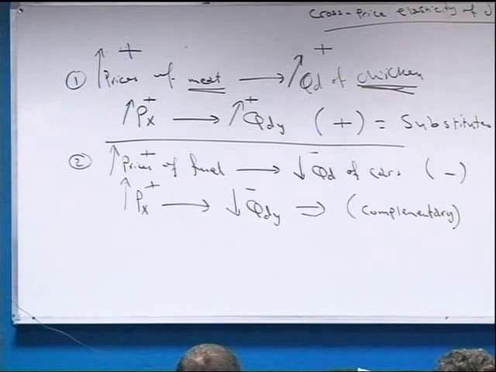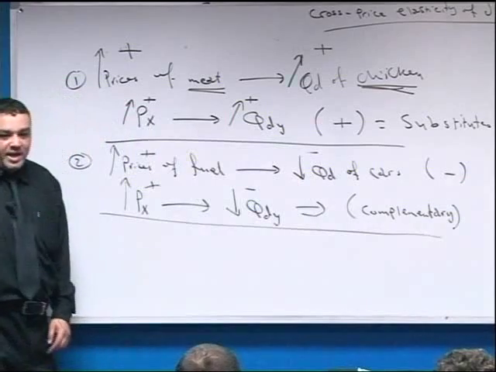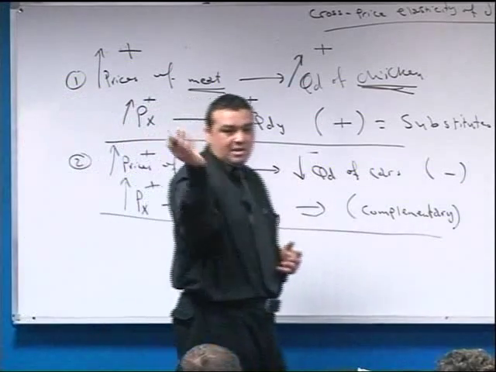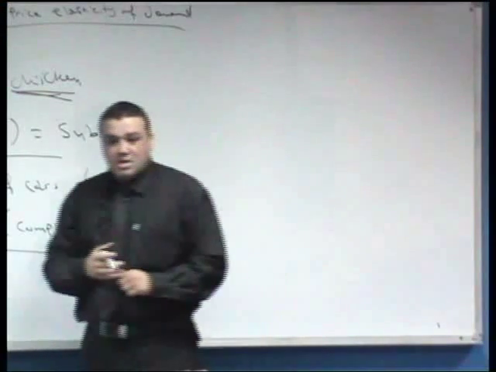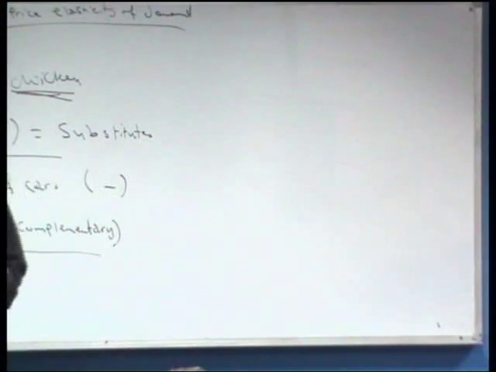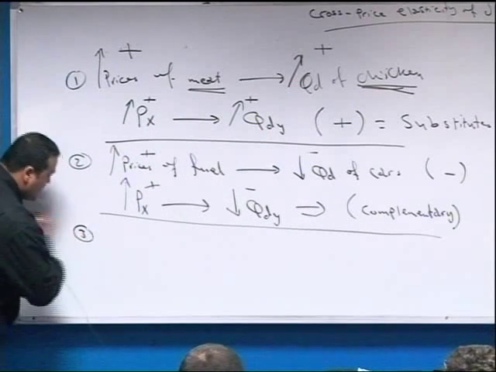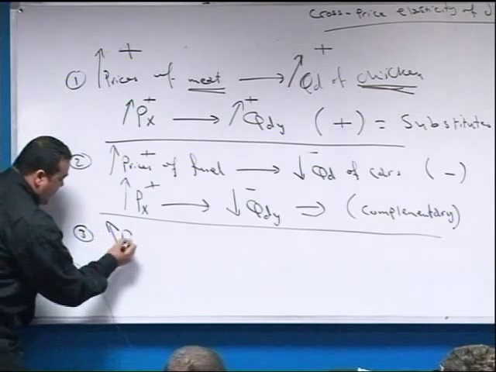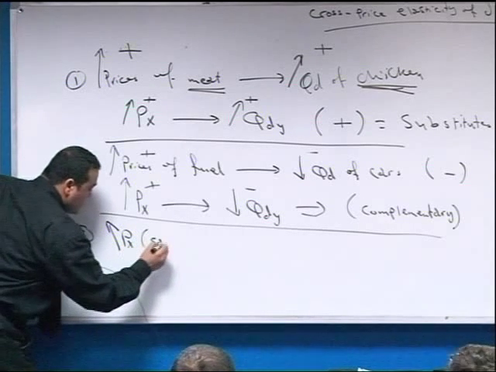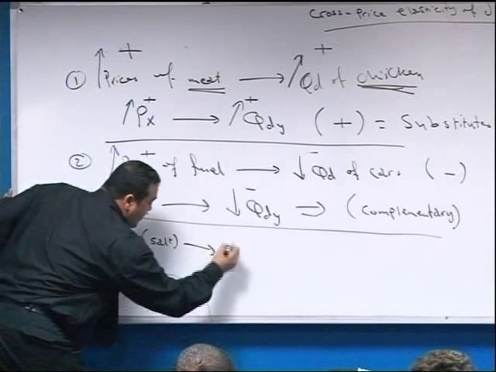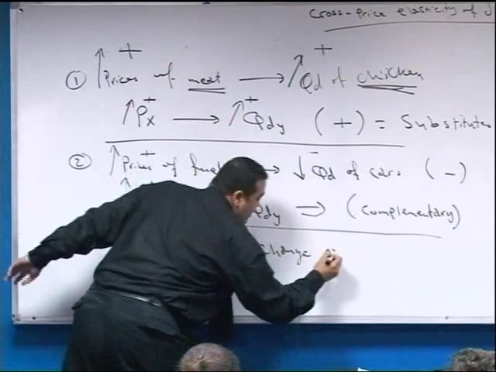The last example. If the price of salt increased, the quantity demanded for cars would not change. So in this case, it would be independent. The third case, increasing the prices of salt leads to no change on cars.